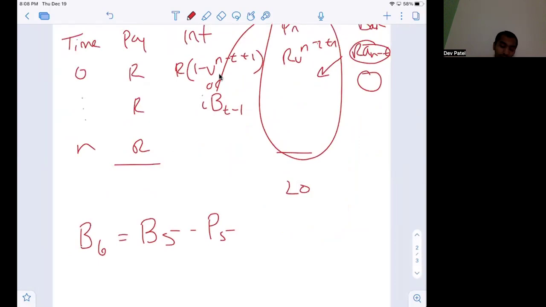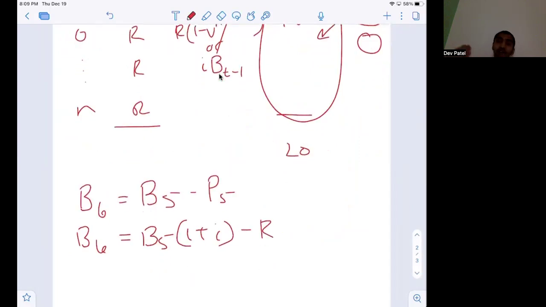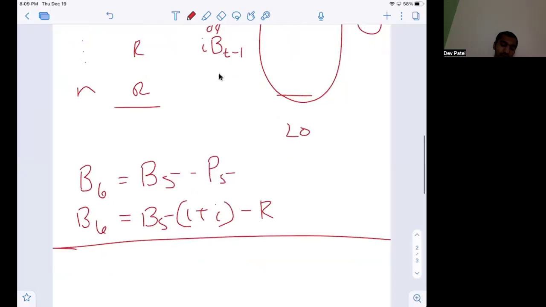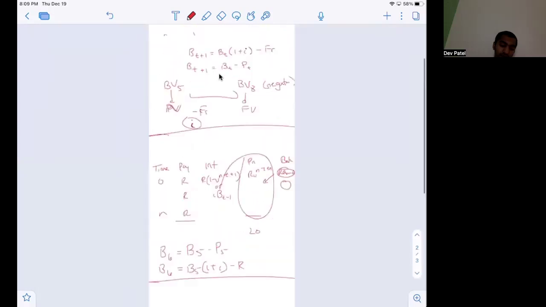Another way is accumulating the previous book value by the interest and subtracting the payment that was made, not FR, so that would be R. And then another way is through the PV, FV, N calculation on your TVM keys. So that is a review of loans and bonds.